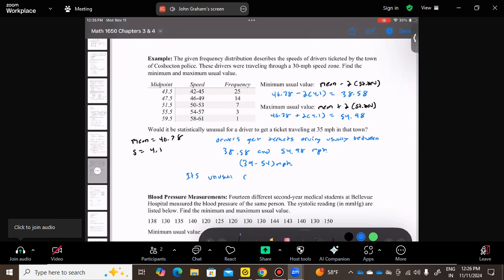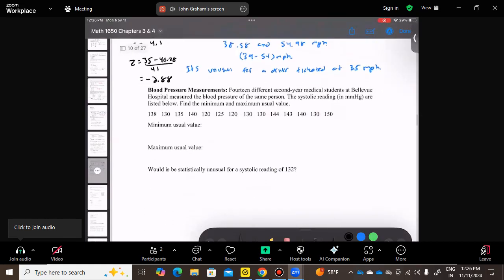It's unusual for a driver to be ticketed at 35 miles per hour. Doesn't mean it doesn't happen, just means it's not common. If we looked at the z-score for this, 35 minus 46.78 over 4.1, we will get a negative 2.88. So it's much lower than negative 2.